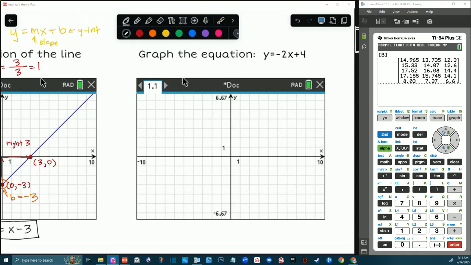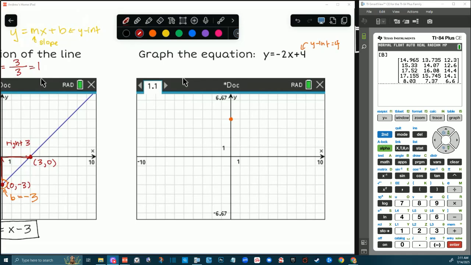So looking at my equation, I know that the constant at the end is my y-intercept. So I know my y-intercept is equal to 4. So the very first point on my graph is at 4. 1, 2, 3, 4.